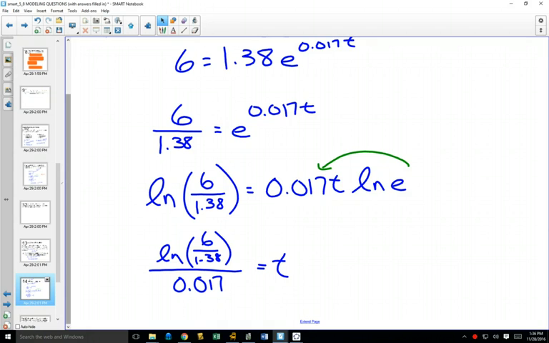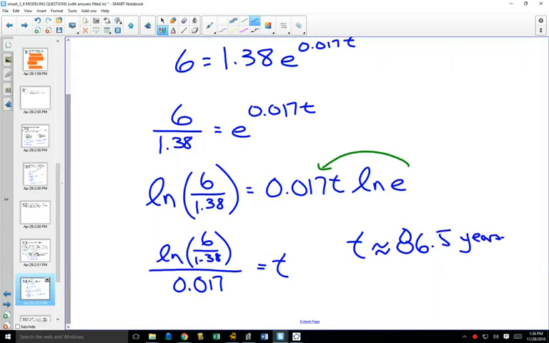So when we type this in, you get 86.5 years. What does that mean?